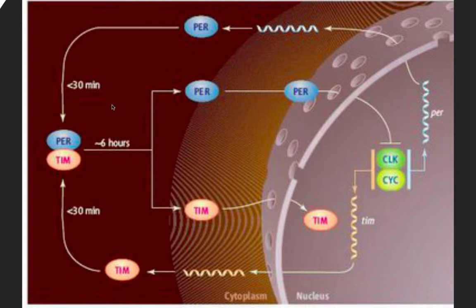Well, how do we stop this negative feedback? The answer is light. Light will come in and degrade timeless and render period inactive, given that it cannot dimerize with its preferred partner of timeless. Since there is no period timeless dimer, clock and cycle are not inhibited and they are free to upregulate the genetic expression of period DNA as well as timeless DNA.